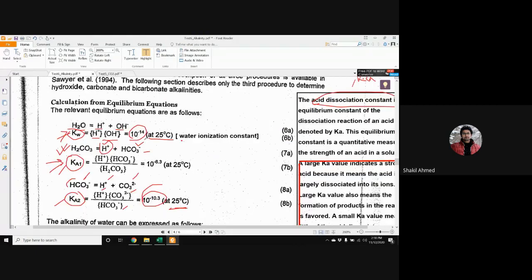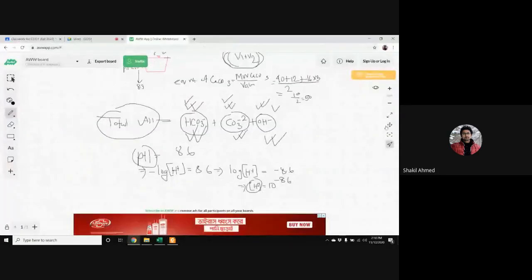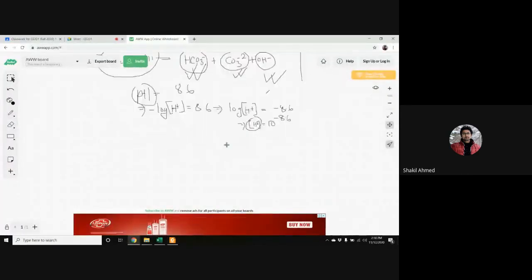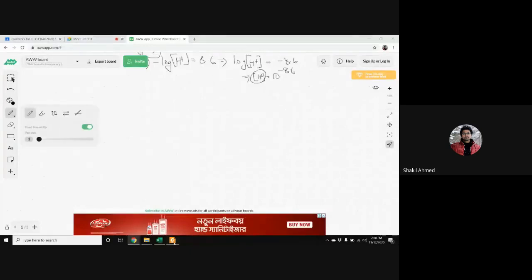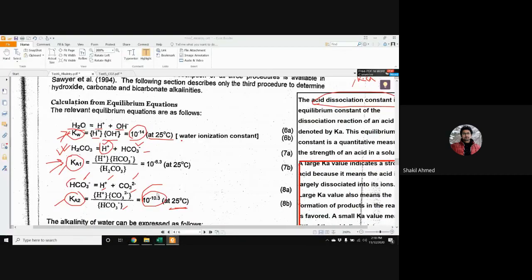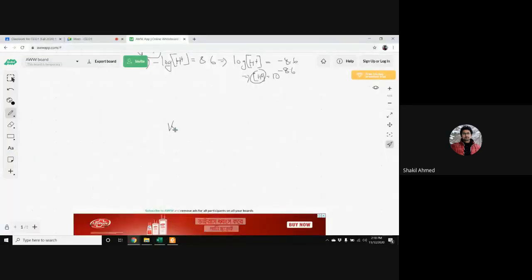If you know Kw, then what is pKw? Kw equals 10 to the power minus 14. So pKw is what, guys? The negative logarithm of Kw, am I right?